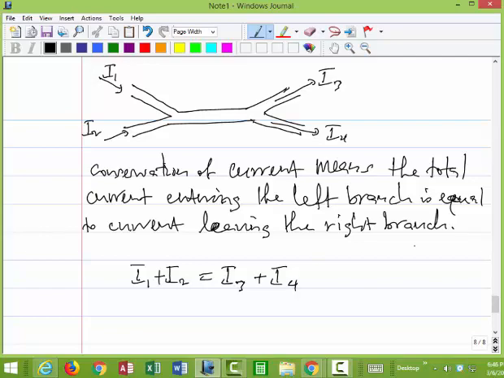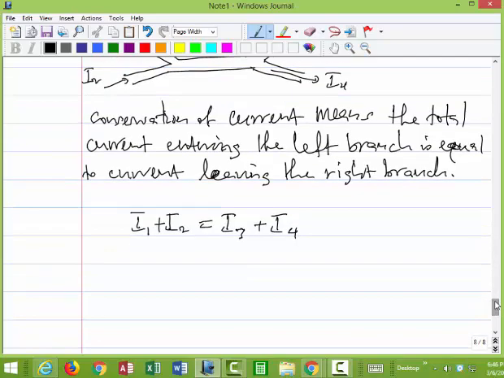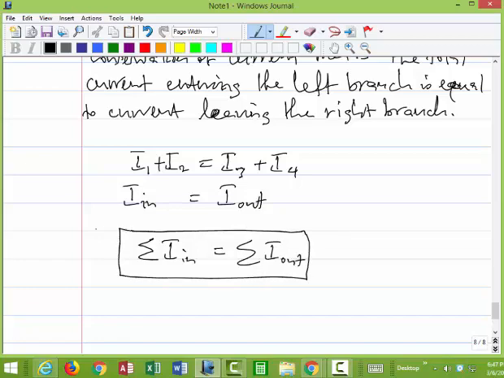This, of course, applies to any number of branches. So current in equals current out. The sum of all currents coming into one branch is equal to the sum of all currents leaving on the other end, assuming that we have multiple branches.